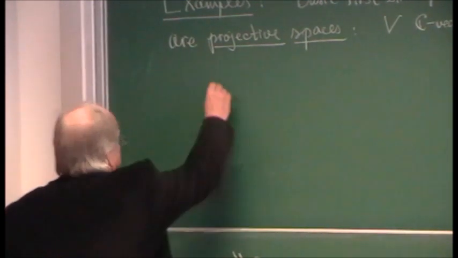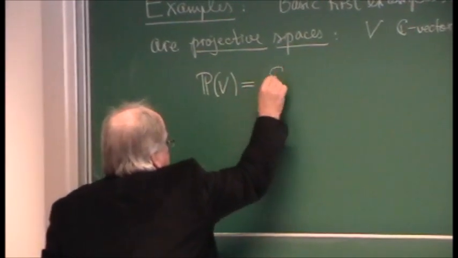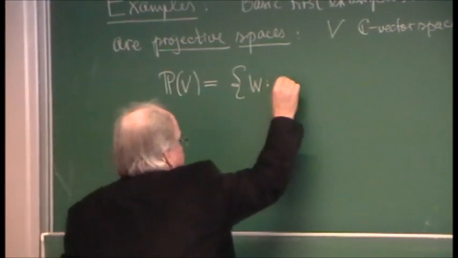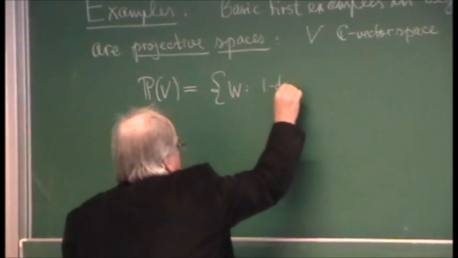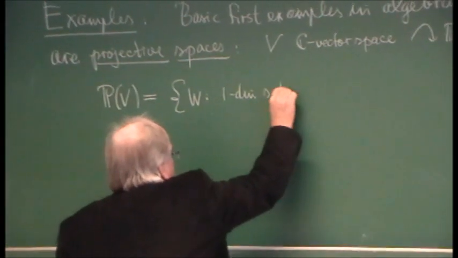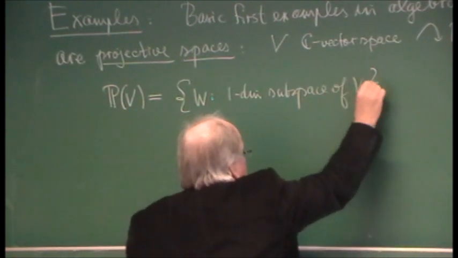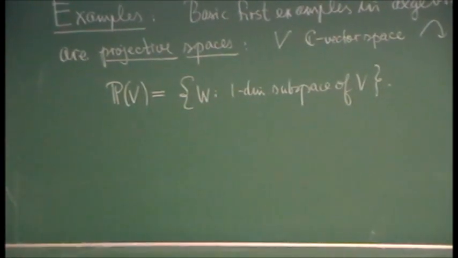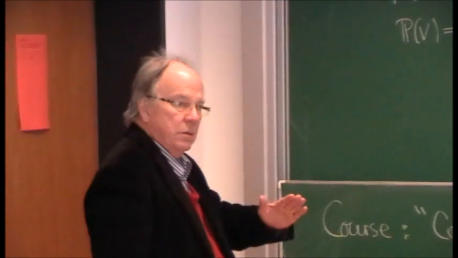Well, what is this thing? This is the set of W, so that is a one-dimensional subspace of the vector space. So all possible one-dimensional subspaces of the vector space.